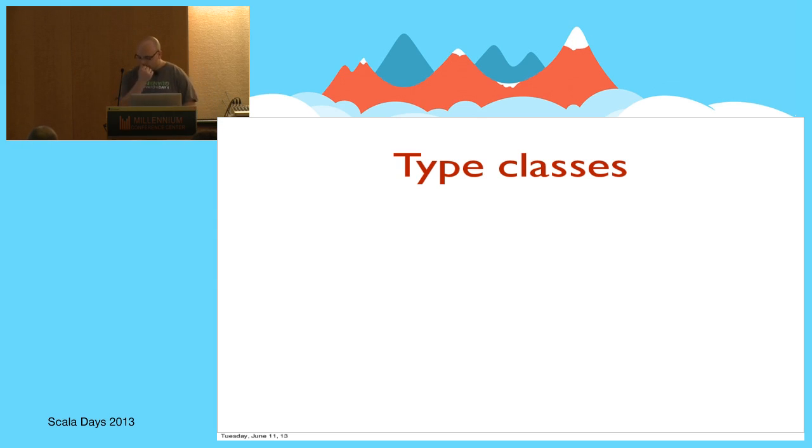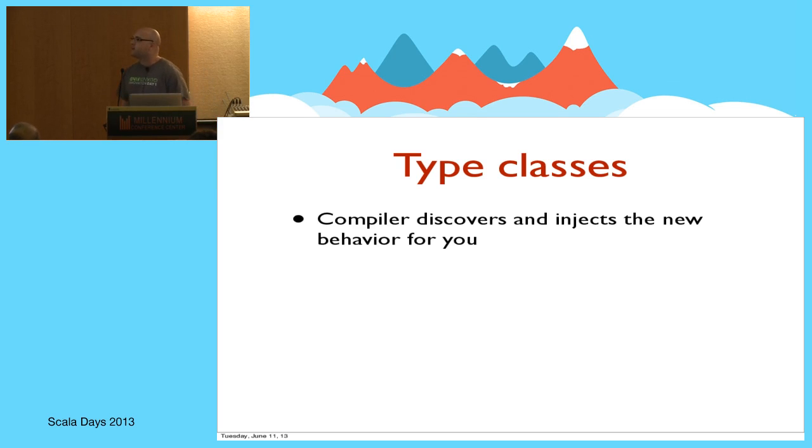While we talked about implicit conversions as one way of augmenting an existing type, type classes are another. The basic idea of a type class is that it classifies types that have common methods. I'll show an example of this.